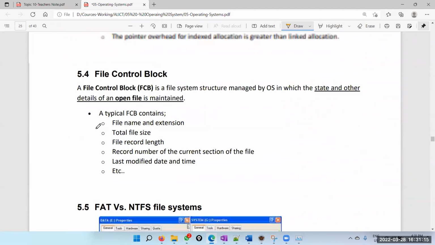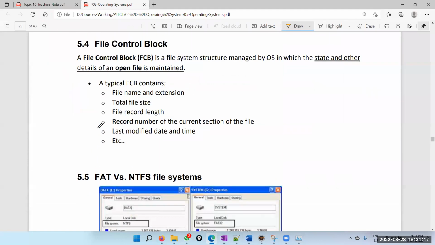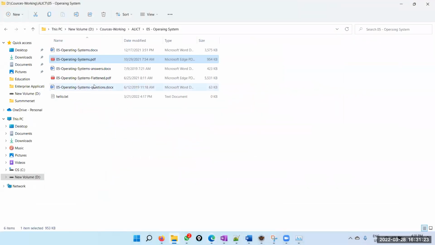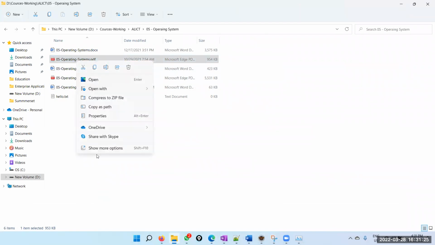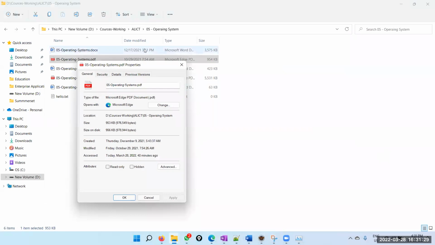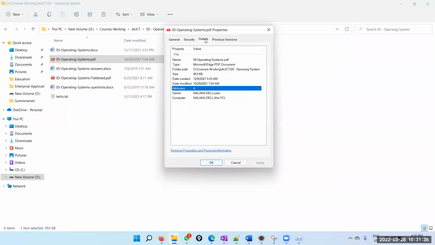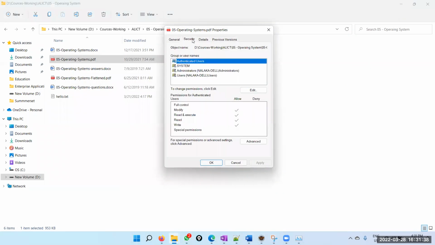So there's something called a file control block. When you right click a file and say properties, you are looking at that file control block in a little bit user friendly manner. Not the entire file control block, just some part of it.